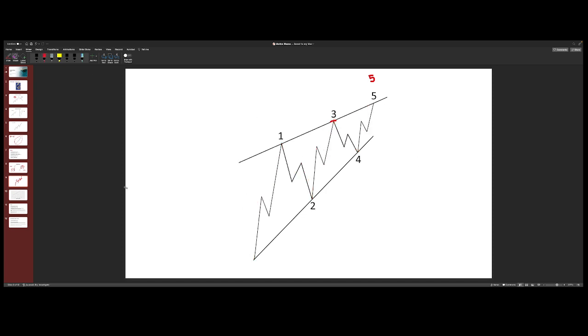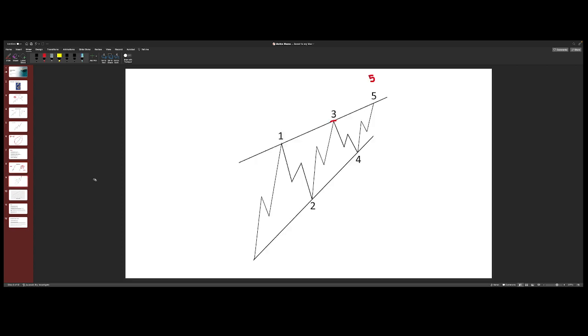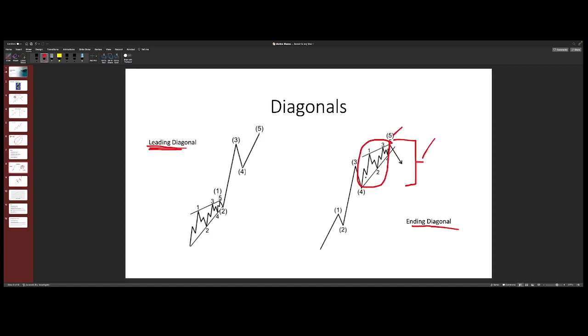In a leading diagonal, which is back to this guy here, only at section 1, you can have waves 2 and 4 be zigzags. 1, 2, 3. 1, 2, 3. So that's the difference between a leading and an ending diagonal. In an ending diagonal, all of them are zigzags.